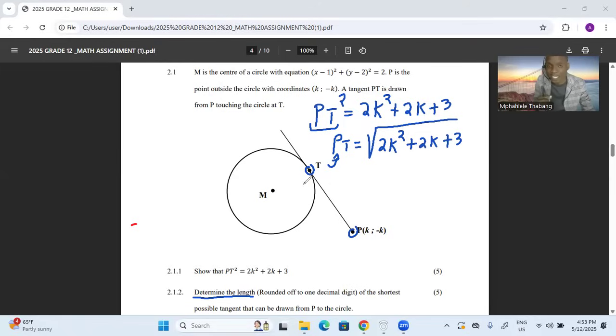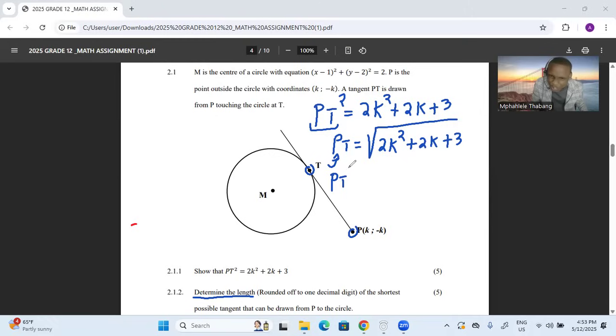Remember, PT represents the distance from P to T. So I want to know the minimum distance of PT. What I'm going to do is apply calculus. To find something at its minimum, you need to apply what we call the first derivative. I'm going to say the first derivative of PT.